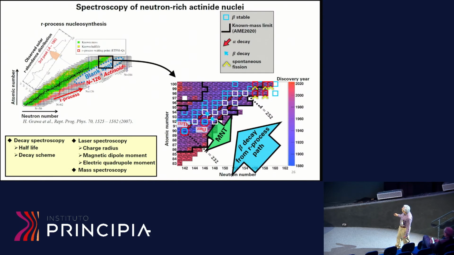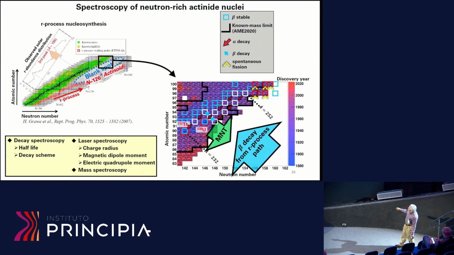The beta decay from the r-process path populates the nuclei in this region, and the white box nuclei cause alpha decay and reach uranium-238 or thorium-232. Above mass number 252, they cause fissions.